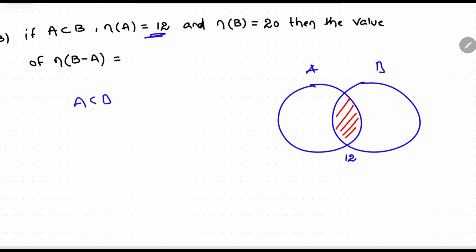Now in B we have 20 elements, but already we have 12 here, so 20 minus 12, therefore 8.